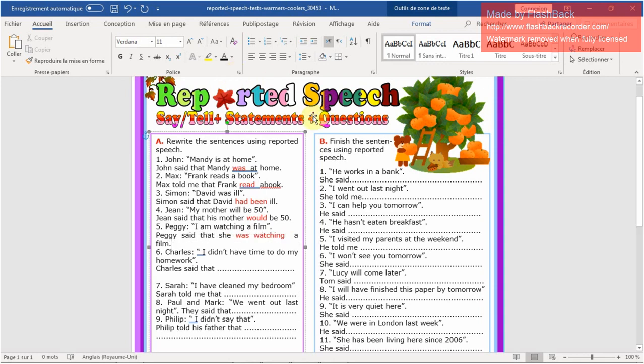I didn't have time to do my homework. So here we have the verb to have in simple past negative form, and simple past turns into past perfect. So we need to use the past perfect form of the verb to have in negative form.